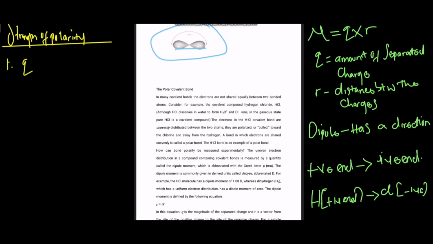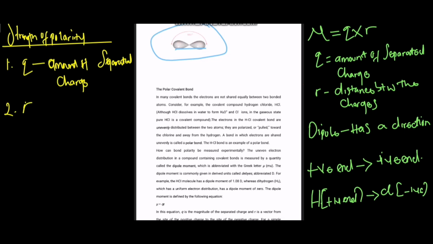Number one is the amount of charge separated, which is Q. And also the distance between them, which is R.